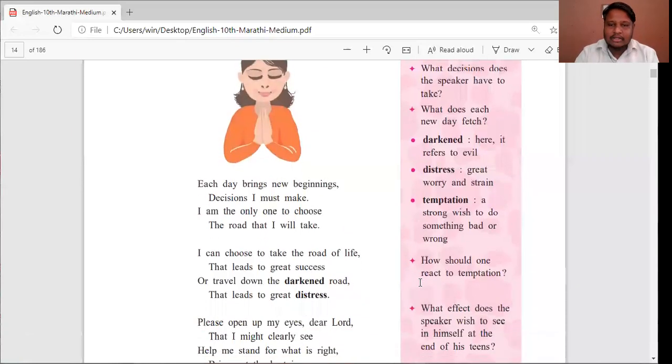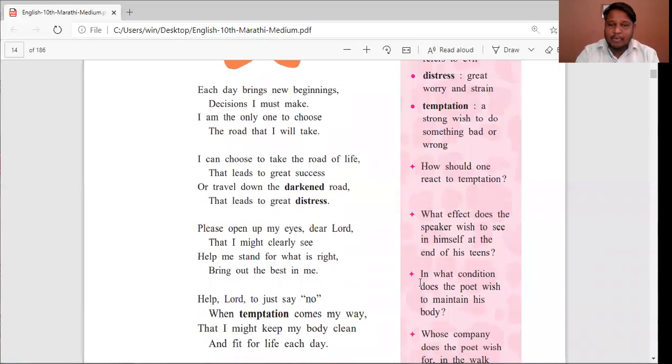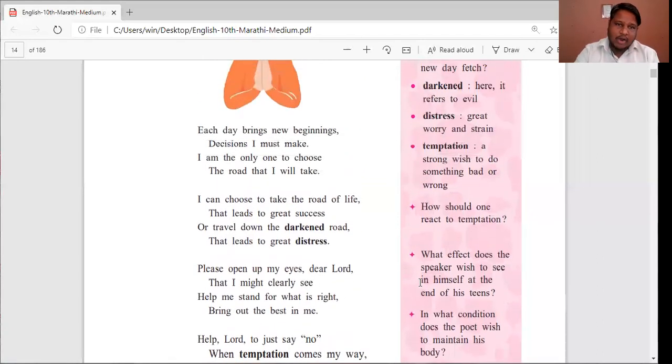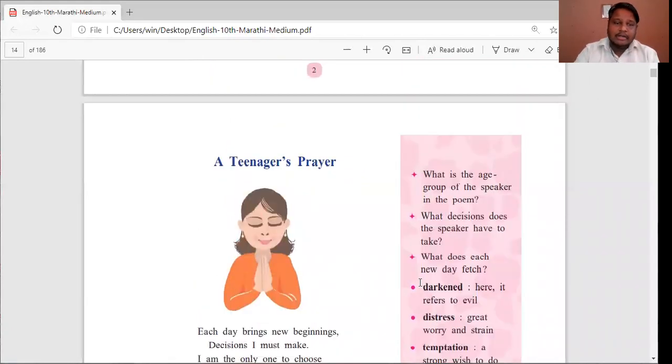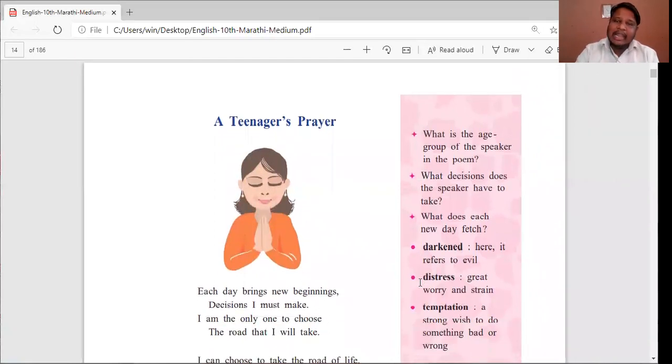These are the difficult words in our poem, and now we have to learn the explanation of this poem line by line. So first, what is meant by teenage?